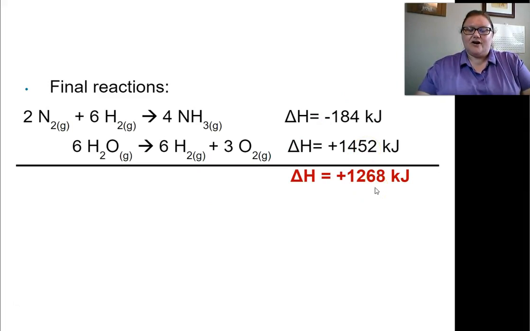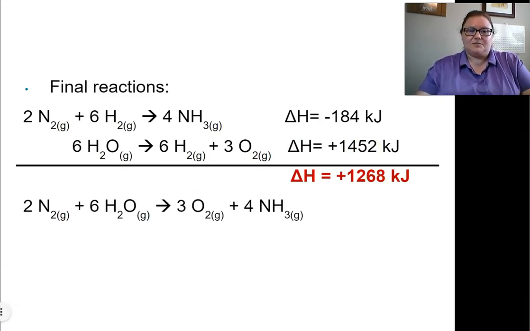Here's our net reaction delta H that we get, just adding those two together from those two steps. And then the target reaction showing up. Those red lines indicate how the hydrogen on each side of the arrow, you'll notice in this reaction, the 6 hydrogen molecules are on the reactant side, but in the other reaction, the 6 hydrogen molecules are on the product side.